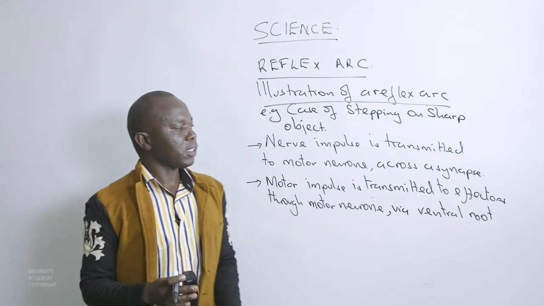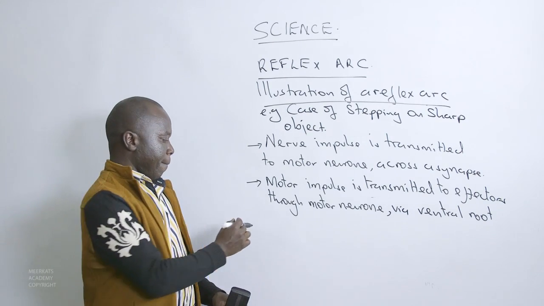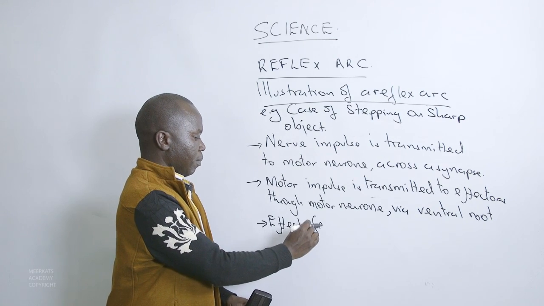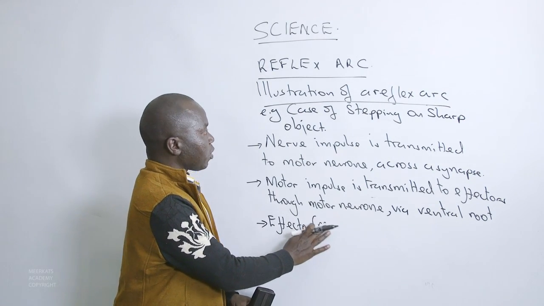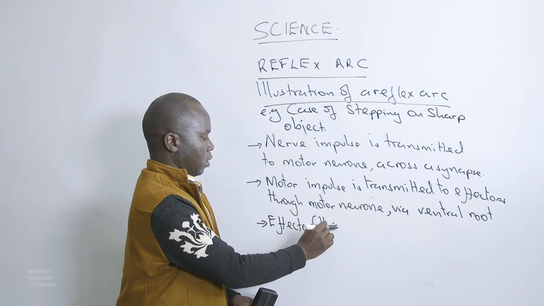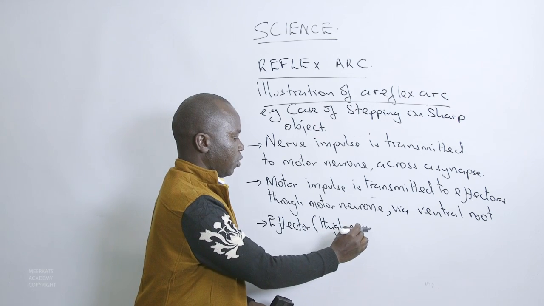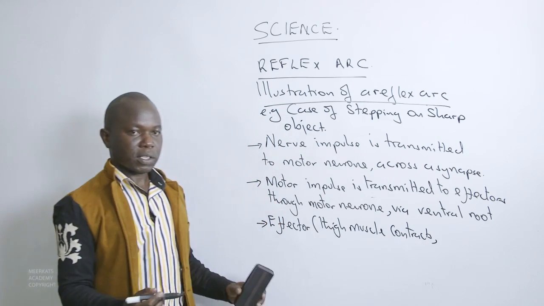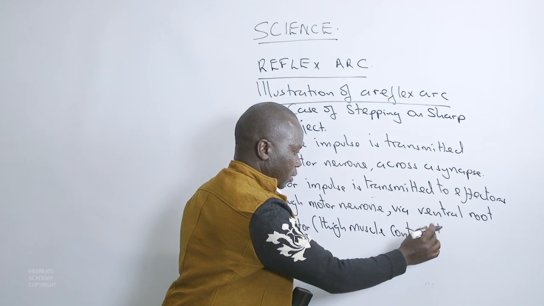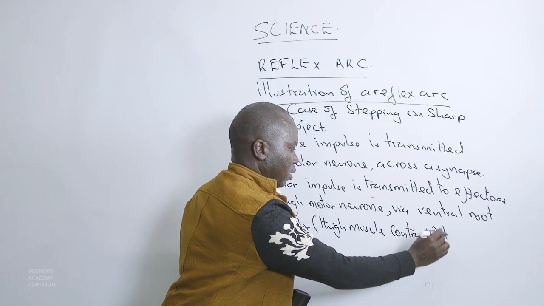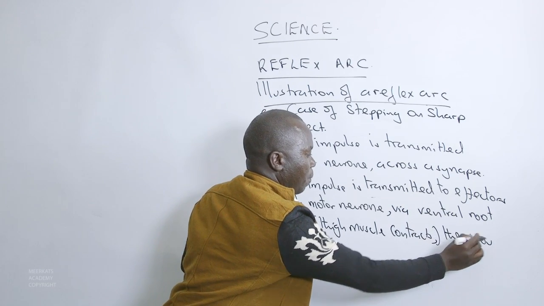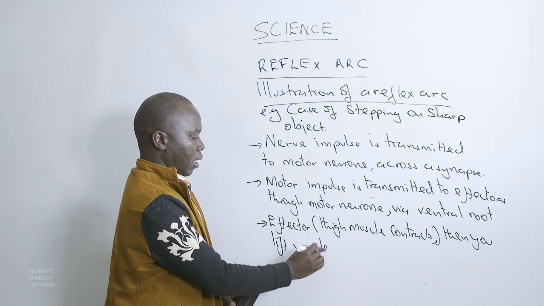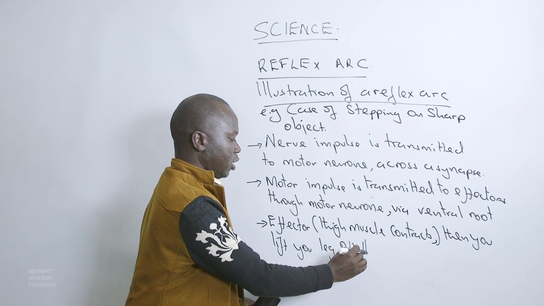In this case, the effectors are the muscles, being the thigh muscles. The thigh muscles contract. When they contract, you pull your leg. Then you lift your leg off the sharp object.